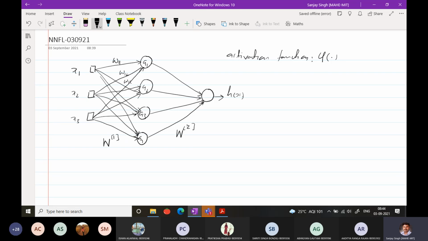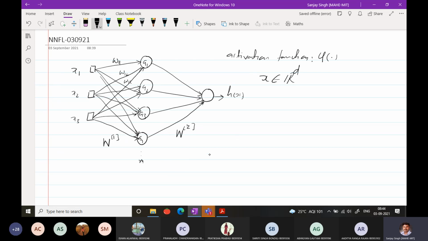Let's assume that my x is of dimension D. And here only 4 is written, but let me say there are m number of units.